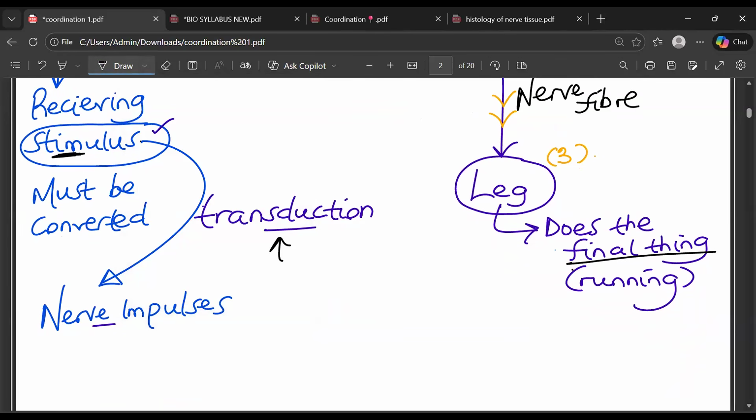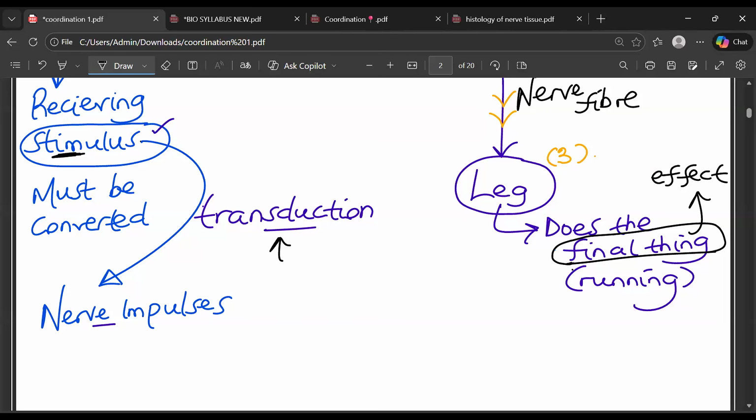Are you following? Now I'm just going to say that and I'm not going to write it. The effect of you seeing a barking dog running towards you is actually you also running for your life. So the final thing is running, like the effect. Okay? The effect of you touching a hot surface is you withdrawing the hand. You understand? So the effect.